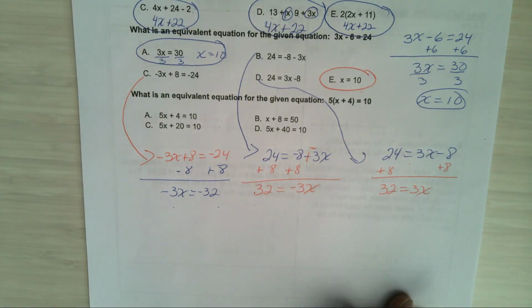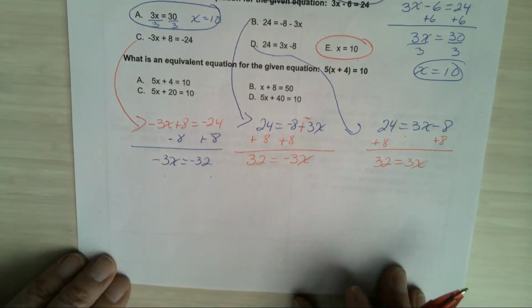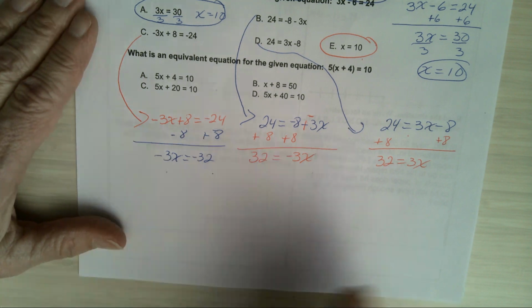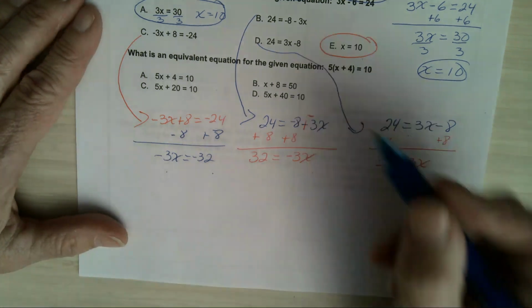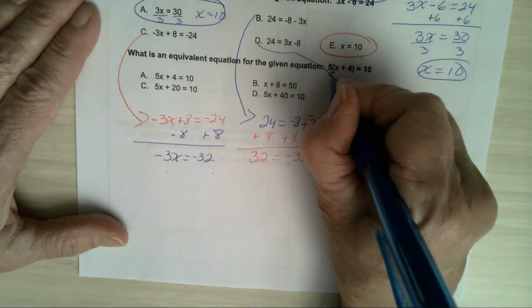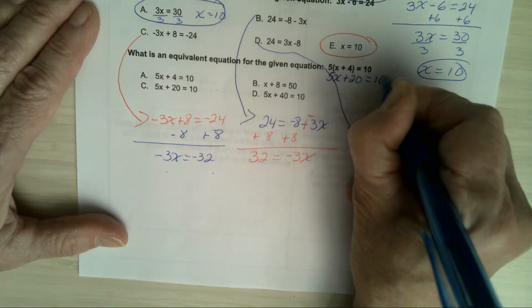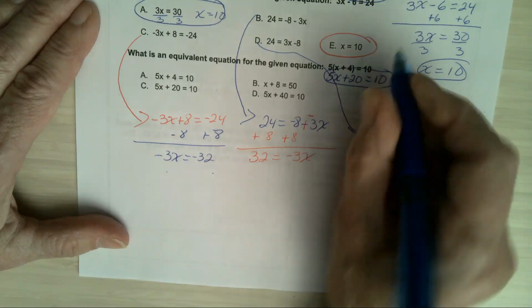Now we have to look at the next problem. What is an equivalent equation for the given equation? All right, so let's see if we can find a match. This will equal 5 times x plus 20 equals 10. Do any of these say that?